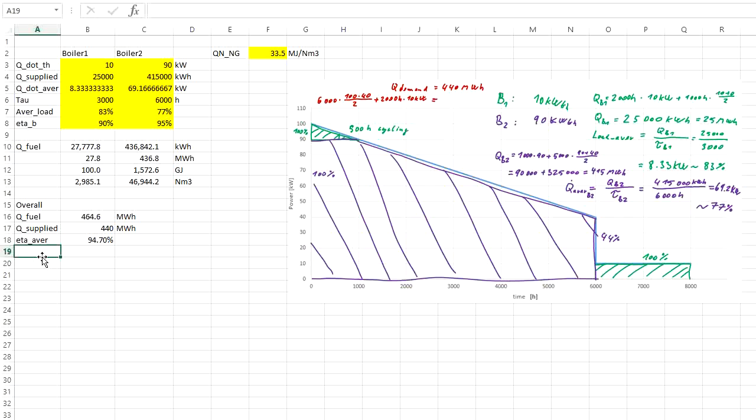Okay, so with that we have some overall parameters for the case with the two natural gas boilers.